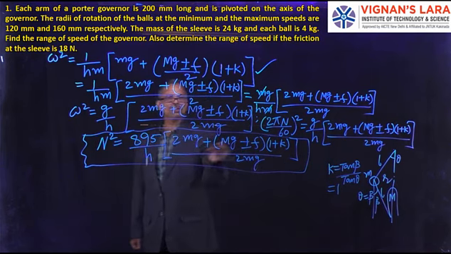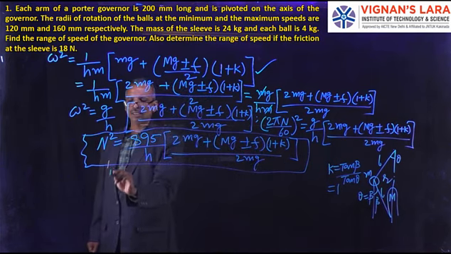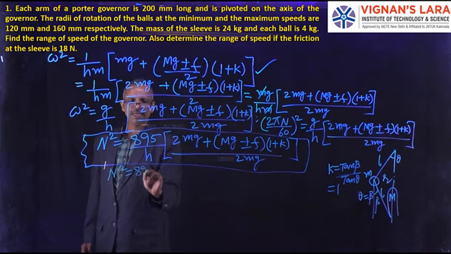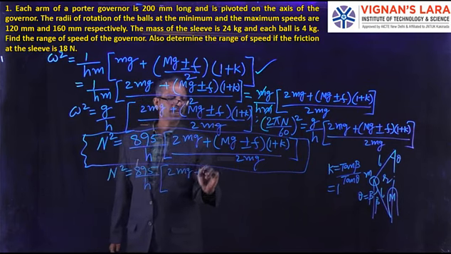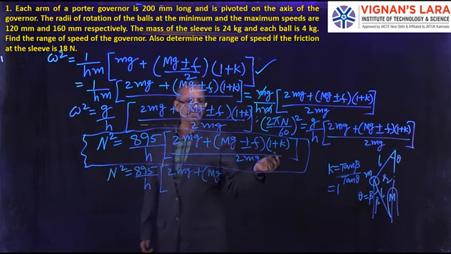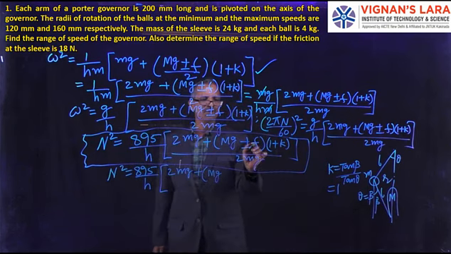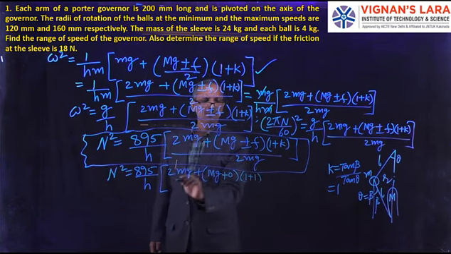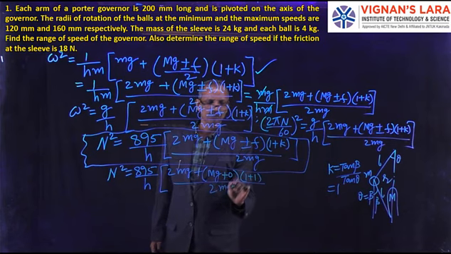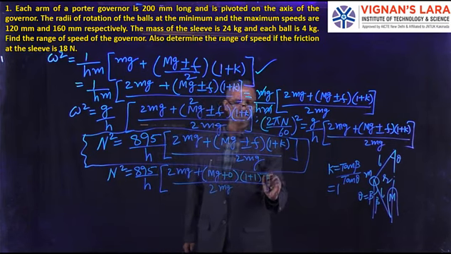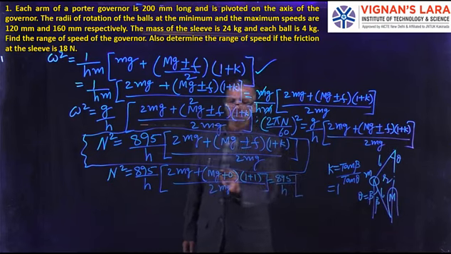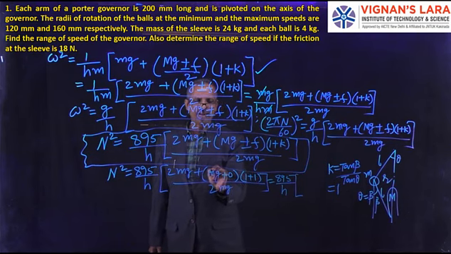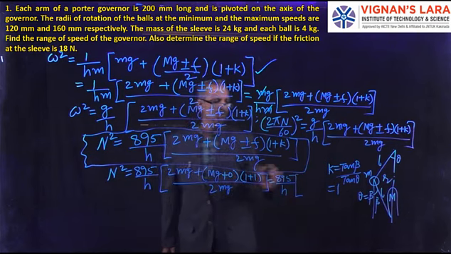So if I substitute in this equation, n square is equal to 895 by h into (2mz plus mz). Of course, in the first case I neglect the friction, so f is 0, then 1 plus 1 by 2mz. So 1 plus 1 is 2, 2 into capital MZ, and this is 2 small mz.